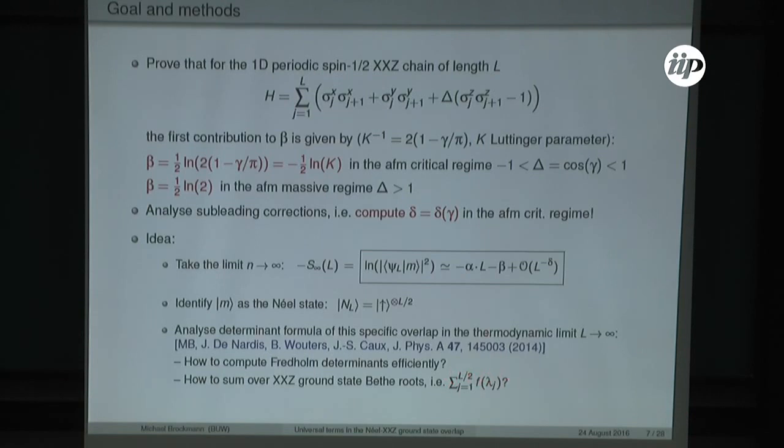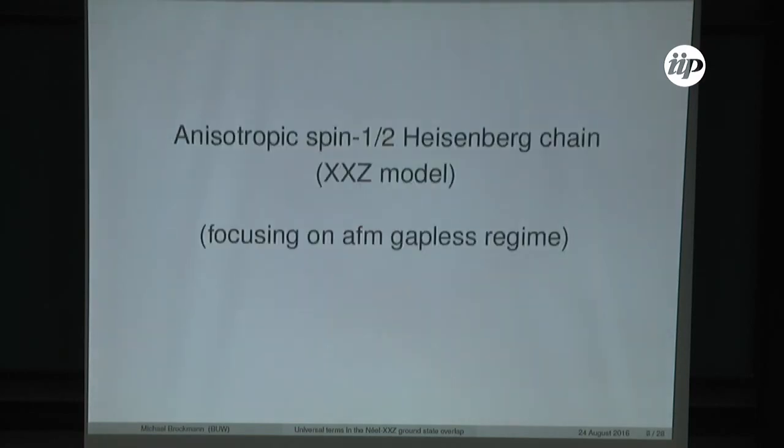Okay, so before I present the overlap formula, let me introduce the model, just to fix the notation. As I said, we will focus on the antiferromagnetic gapless regime, but most of the calculations can be performed in a very similar way for the gapped case, just by replacing the sines by sinhs and the sinhs by sines.